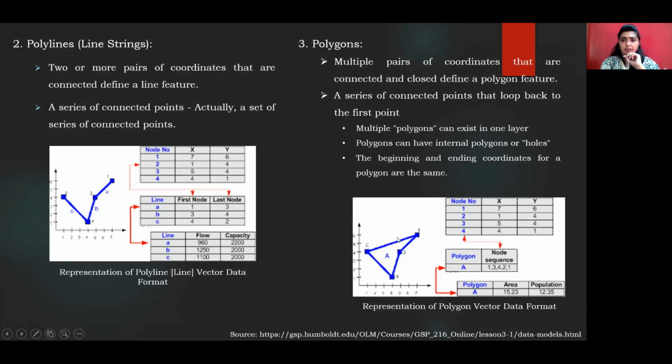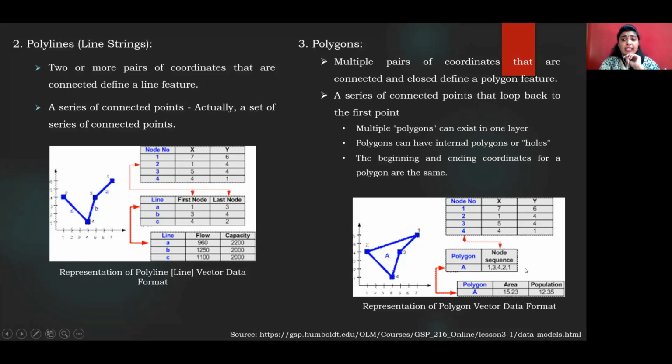You see in the picture that has been given here, my polygon A, if I start from point 1 to point 3 to point 4 to point 2 and then back to 1, when I come and finish off at 1 itself, then only that will be a polygon, else it becomes a line.